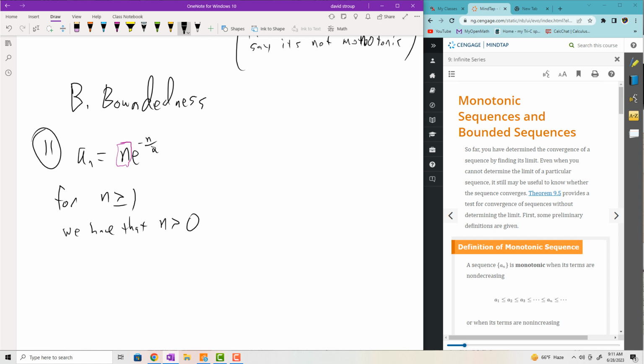In other words, n is greater than 0. Also, that second factor, e to the negative n over 2, we know that that's greater than 0. Thus, if you have two factors that are both positive, and you multiply those together, well, guess what? That's going to also be positive. In other words, this thing is bounded below.